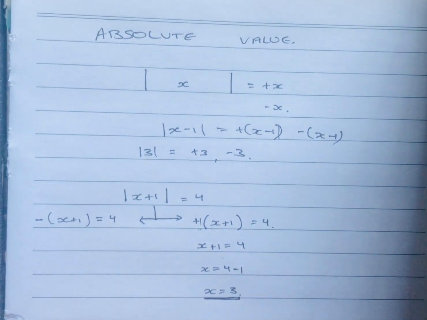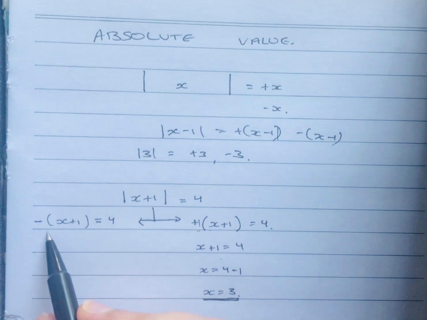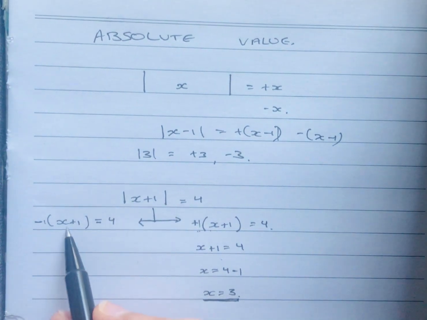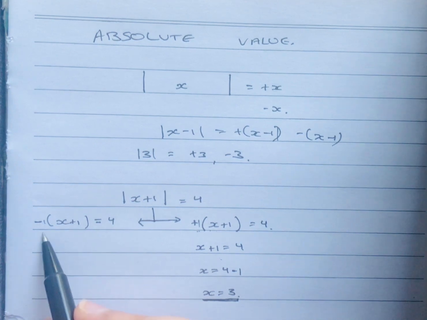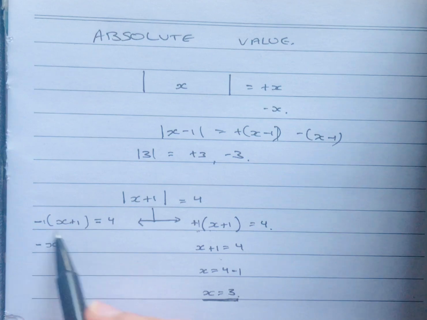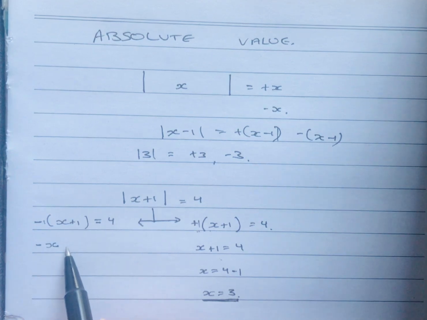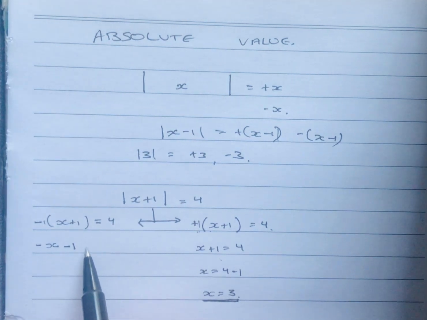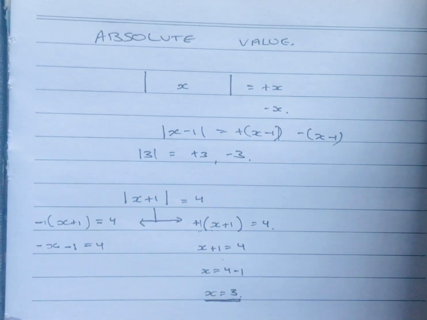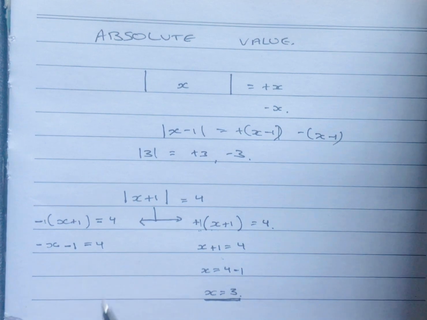The other answer that you can get is using the negative sign. Because you have negative 1 here, you start distributing the negative to both the values within the brackets. So negative 1 times x is negative x. Negative 1 times positive 1 is equal to negative 1, so negative x minus 1 is equal to 4. This remains just the way it is. The next step is to collect the like terms.